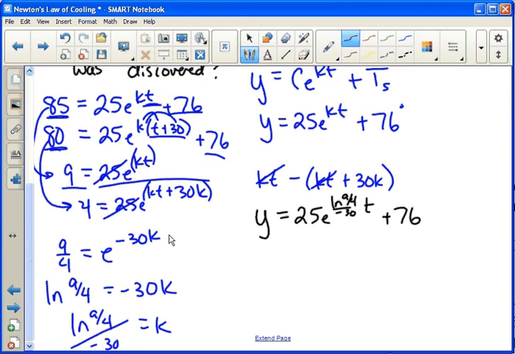Well, we wanted to know the time it took for his body to reach 85 degrees. So we plug 85 in for y, and solve for time. Subtract 76 from both sides.